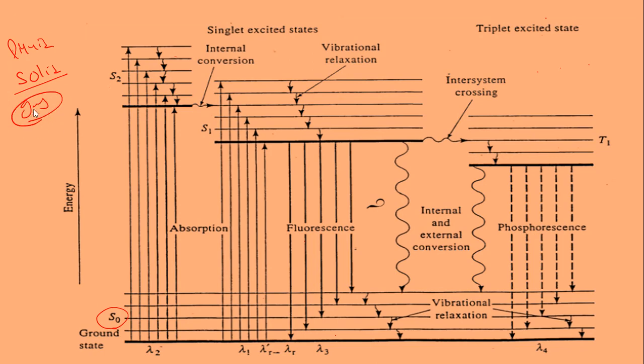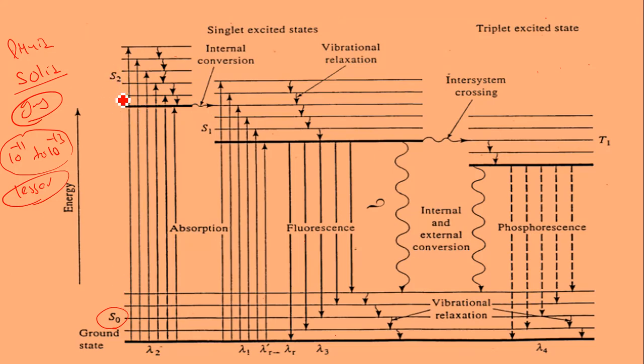Now these higher states usually drop very rapidly to the lowest, that is the S1 state, because the lifetime of S2, S3, etc. is usually less than 10 raised to minus 11 to 10 raised to minus 13, a very short time. Suppose we excite this molecule to the S2 level.